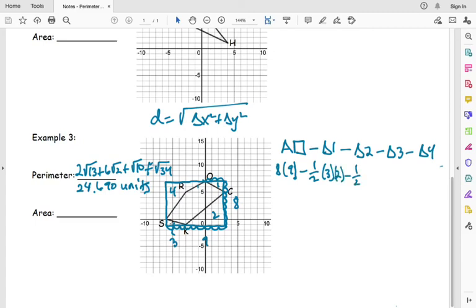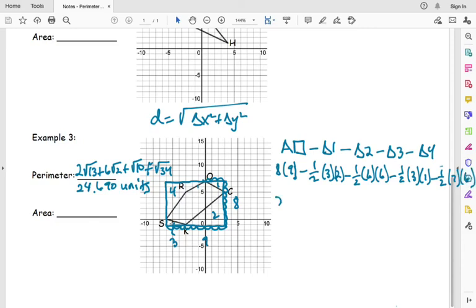The second triangle has a base of 6 and a height of 6. Triangle 3 has a base of 3 and a height of 1. And then triangle 4 has a base of 7 and a height of 6.